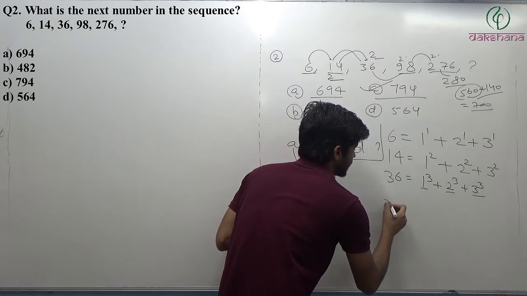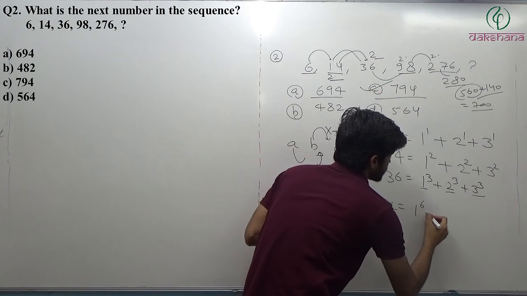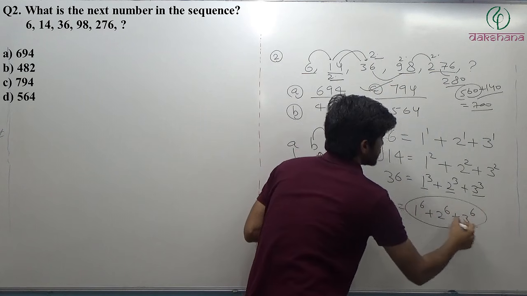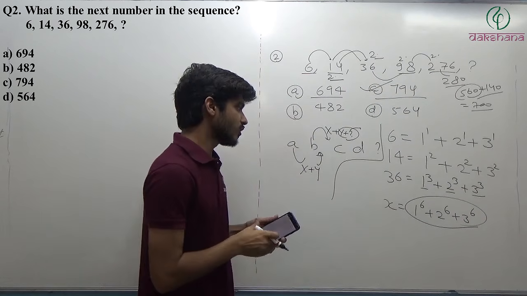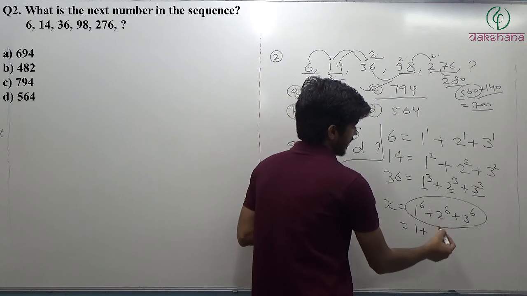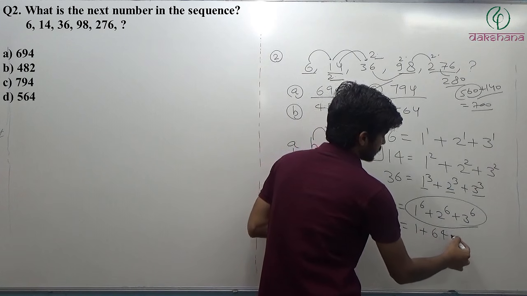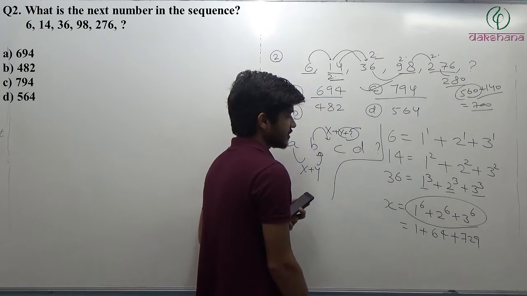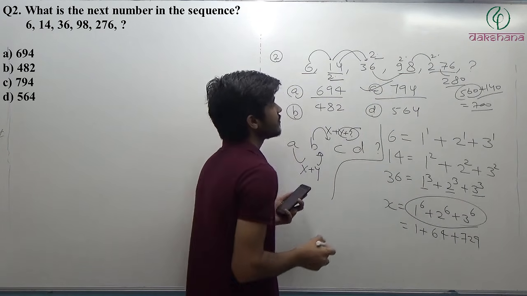So the next number, x, has to be 1 to the power 6 plus 2 to the power 6 plus 3 to the power 6. This is your answer. If you solve it, you will find 1 plus 64 plus 729, right? So you will find 794, option number C.